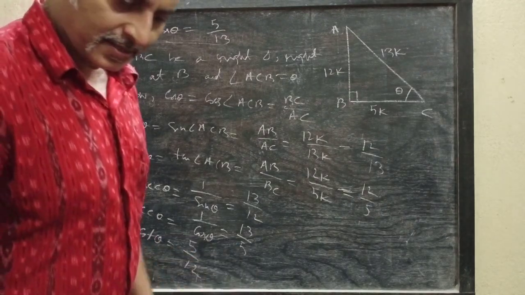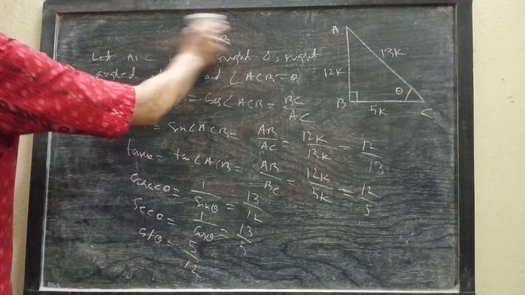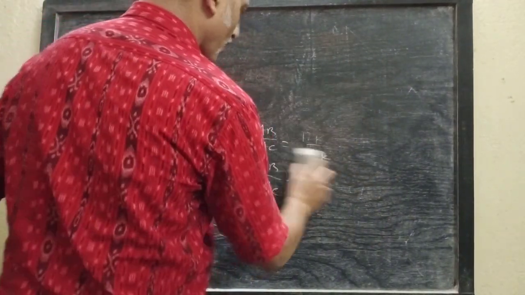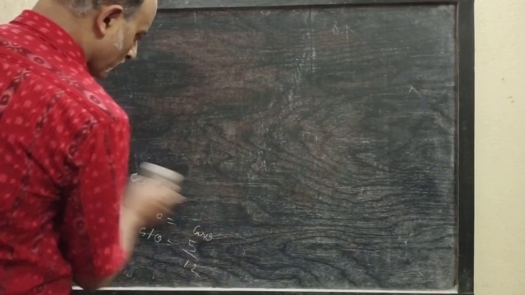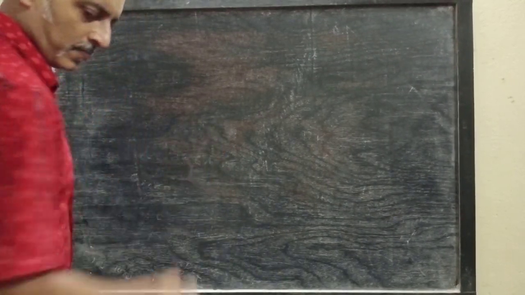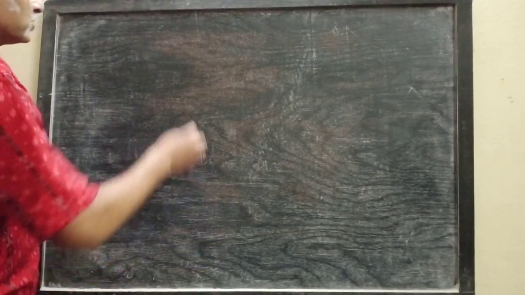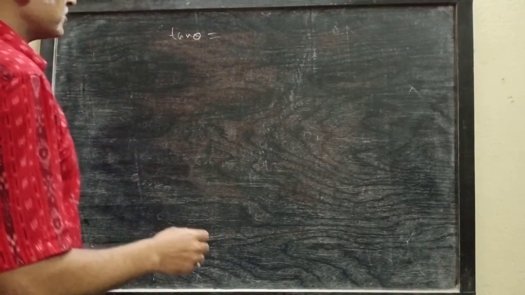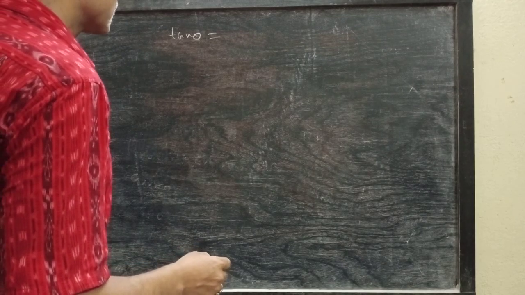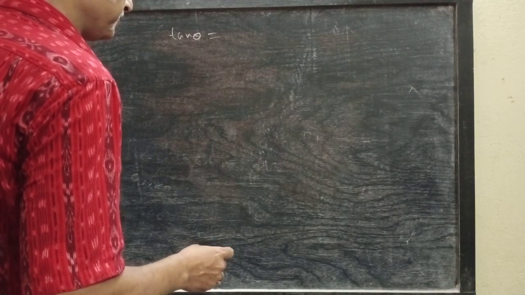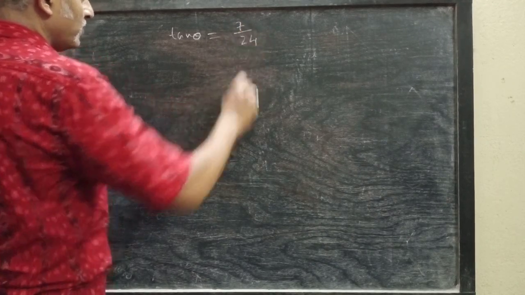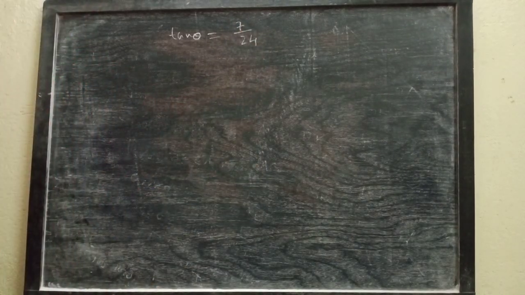So, let us give you a homework. Suppose tan theta equals 7 by 24 and you are asked to find the remaining 5 ratios. Okay?